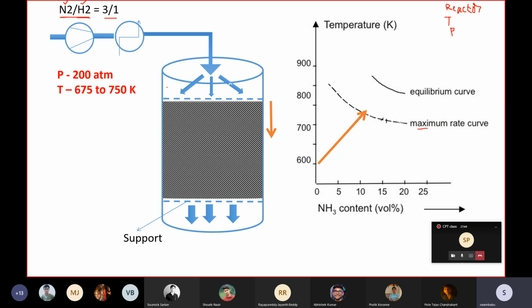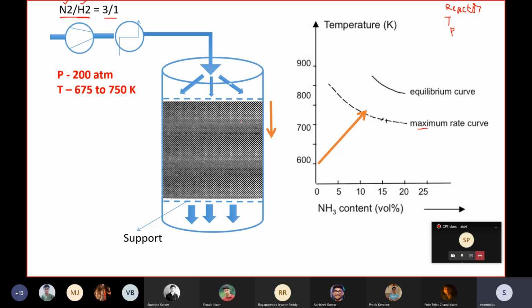As the reactants come downward, the reaction happens, and the temperature increases. Can anyone tell me what could be the reason? Exothermic reaction. Yes, it is an exothermic reaction, hence the temperature increases.